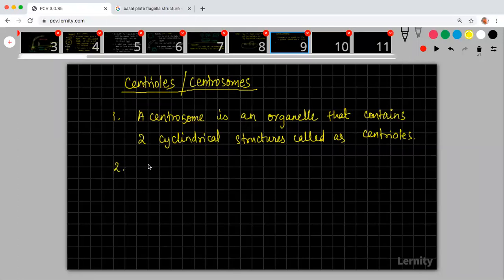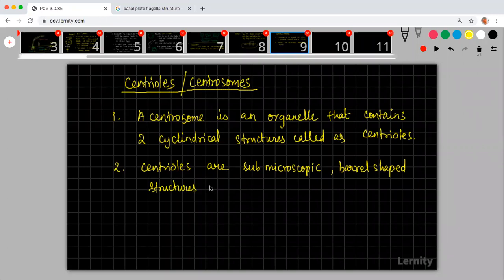The second point is that centrioles are submicroscopic barrel shaped structures that occur in the form of two granules.